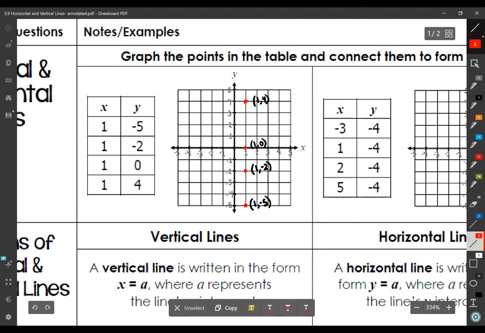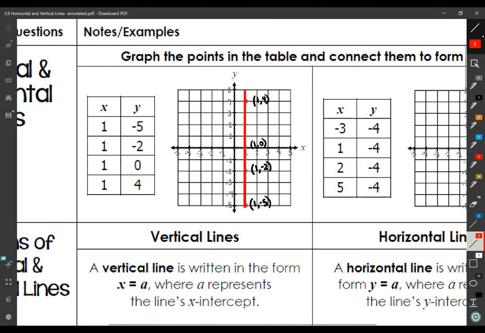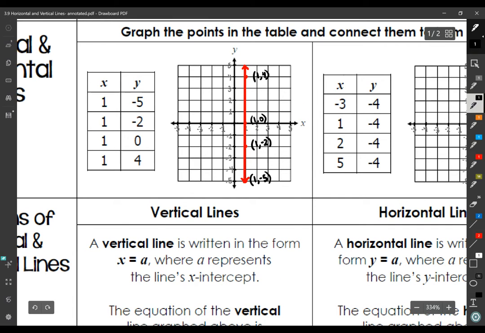Okay, so now that we've graphed those points, let's create our line by joining the points, and then we add our arrow ends. There we go, we've graphed our vertical line. Now what hopefully you noticed is that regardless of which point you pick on the line, let's say I pick this point right here, I know the x coordinate will always be 1 because it's a vertical line.